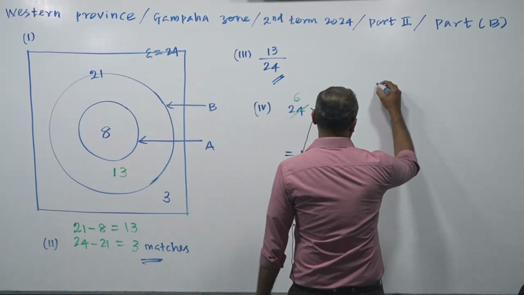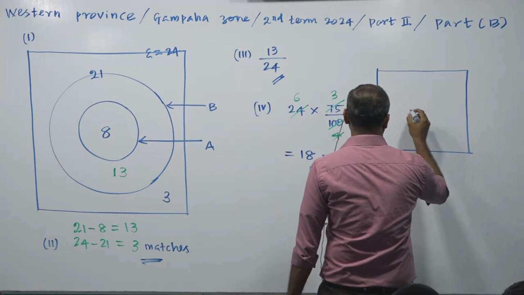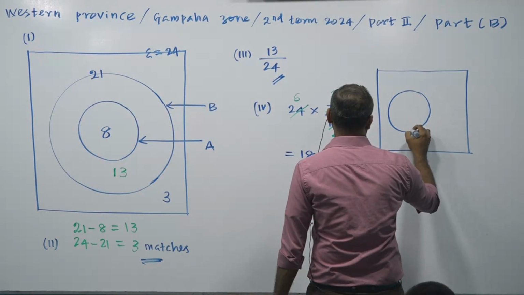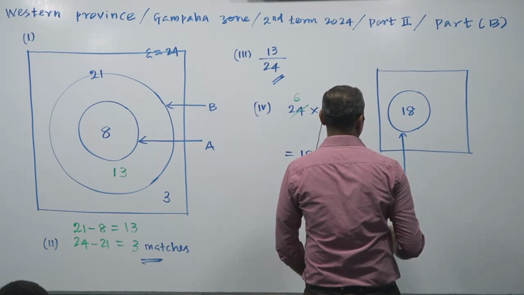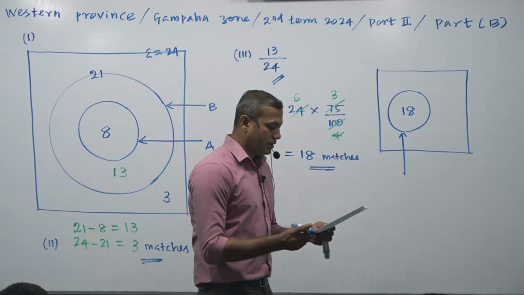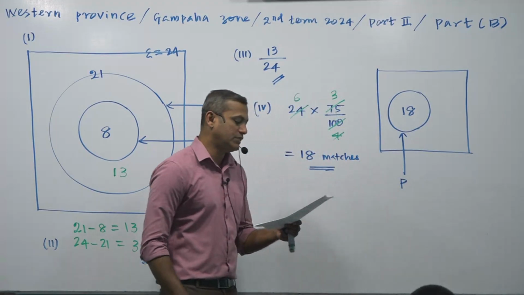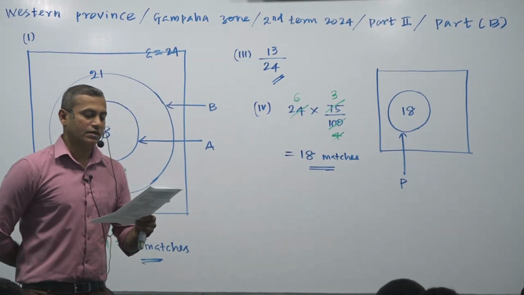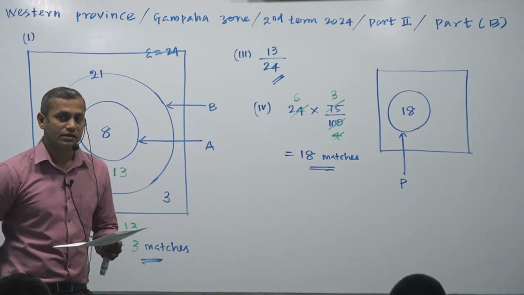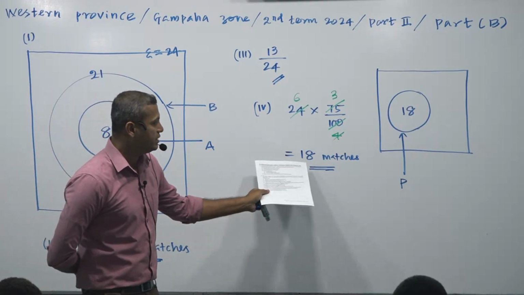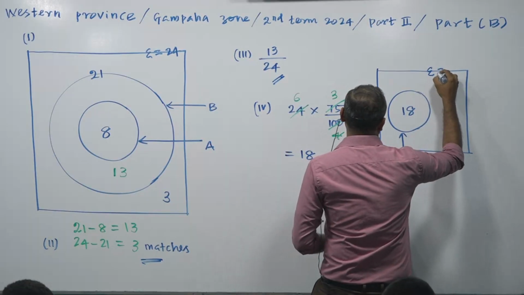So if you represent this in another Venn diagram, this is P. You agree P is the set which represents the number of matches in which he has scored less than 79: 18 matches, represented by P out of these 24.